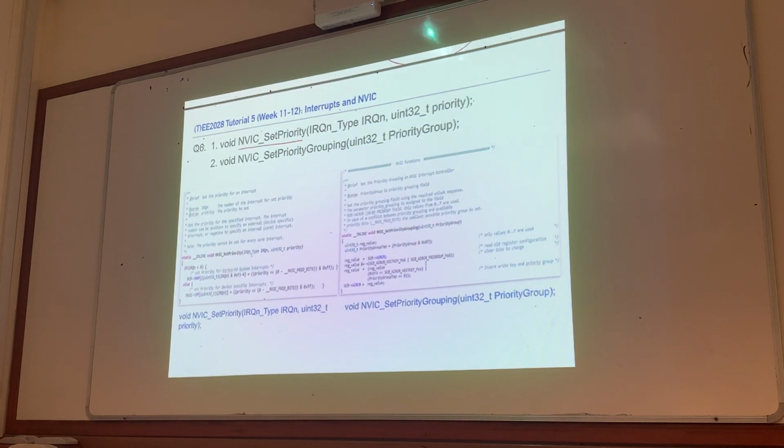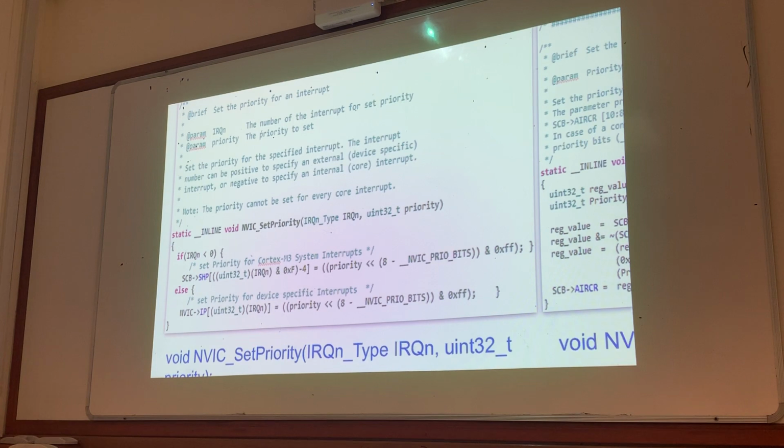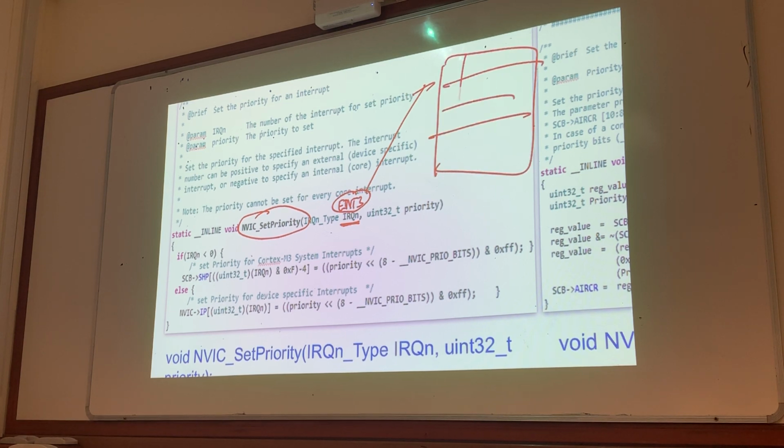The NVIC set priority, this is the code. Can you see that you need a data type IRQn here? For example, you can put EINT3. In the lab you put EINT3, but actually EINT3 is a constant you defined. There's a table defining a bunch of constants.